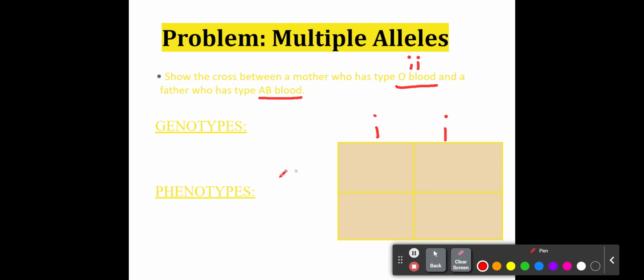And then I'm going to use a capital I with an A attached to it and a capital I with a B attached to it to represent dad. So in this case, we're showing that there is a recessive trait that is possible, but we also have this codominant trait as well.